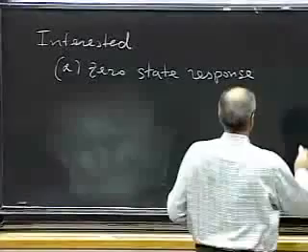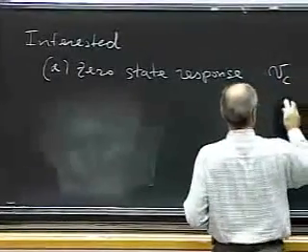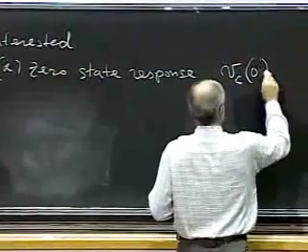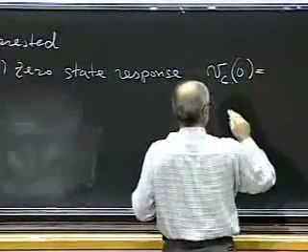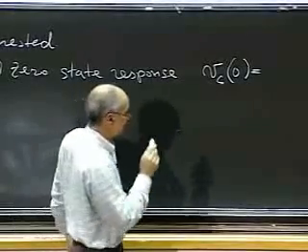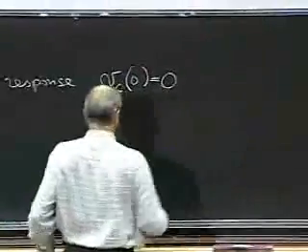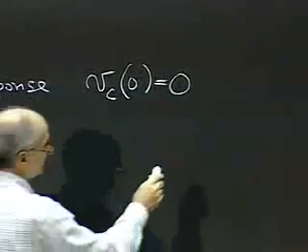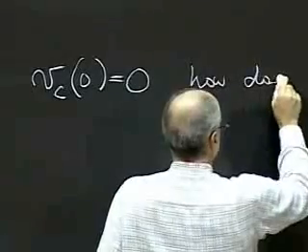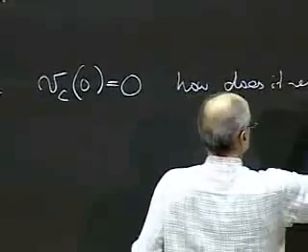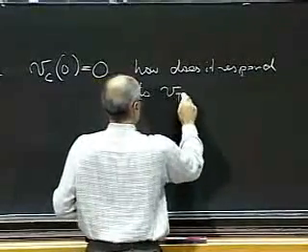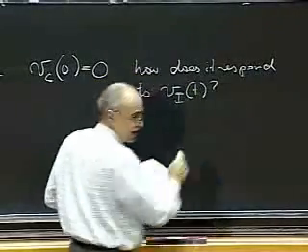Now, what is the zero state response? It's the response to a condition in which we impose an input and also impose the condition that the initial state on the capacitor is 0. Okay? So then we ask, how does it respond to Vi of t?